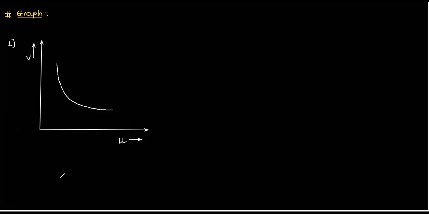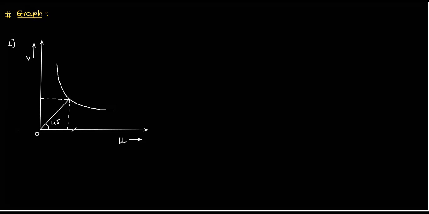Then what to do if you want to find focal length from this graph? You just draw a line here which makes an angle of 45 degree. Then take this point and draw two perpendiculars on the x and y axes.